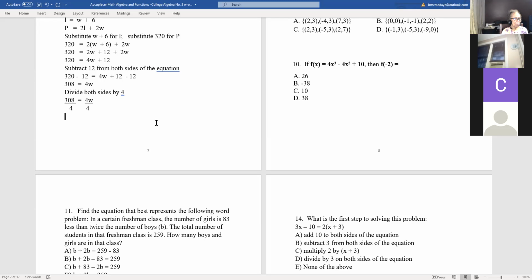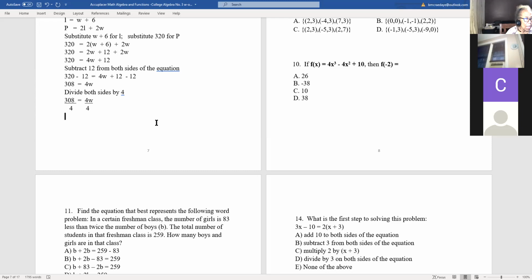Four into 30 goes how many times? 7. And 28 from 30 is what? 28 subtracted from 30 is what? Yes. 2. That's 70. And then you bring down an 8.